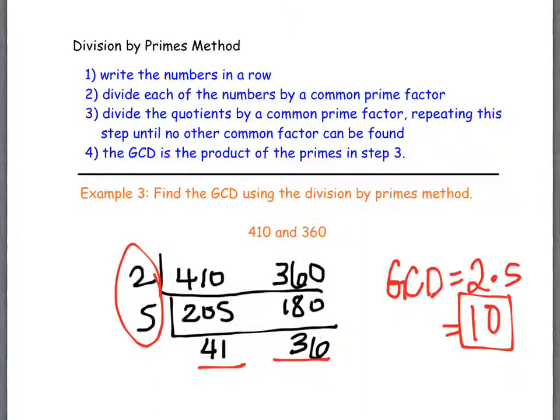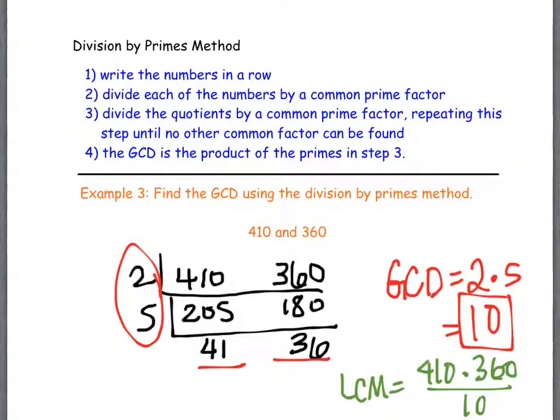So how could I find their least common multiple? I could multiply 410 times 360 and divide by the greatest common divisor, which is 10. I wouldn't have to go any further with the steps, or multiply the 41 and the 36. I can just multiply these two numbers together and divide by their greatest common divisor, and I will find their least common multiple. So that's kind of a handy trick.